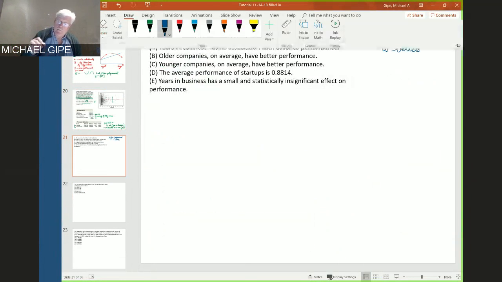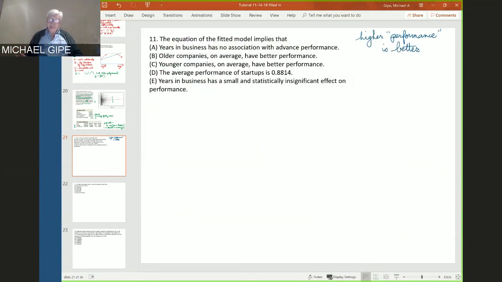Let's just remember that. So the equation of the model implies what? That years in business has no association with advanced performance. That's not correct.